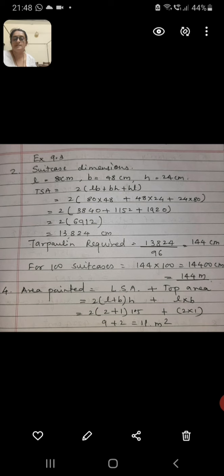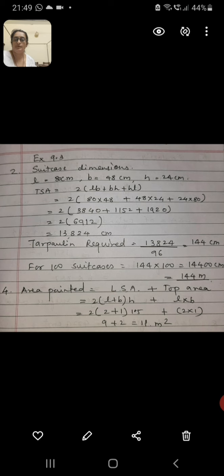The suitcase's dimensions are given: length is 80 centimeter, breadth is 48 centimeter and height is 24 centimeter. For the total surface area, we are going to use the formula 2(LB + BH + HL). Replacing the given values, we get the TSA, that is the total surface area of the suitcase, as 13,824 square centimeter.